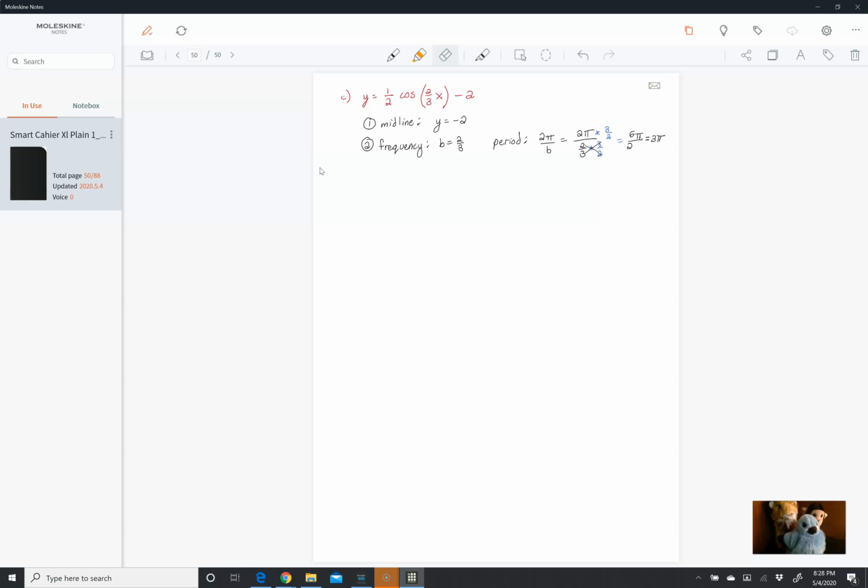And finally, the amplitude, which we just take from the front, so that's 1/2. Okay, so how do we do this? First, we draw our axes, and we know that our amplitude is only 1/2, so it's going to be small. We know our midline is at y equals -2.